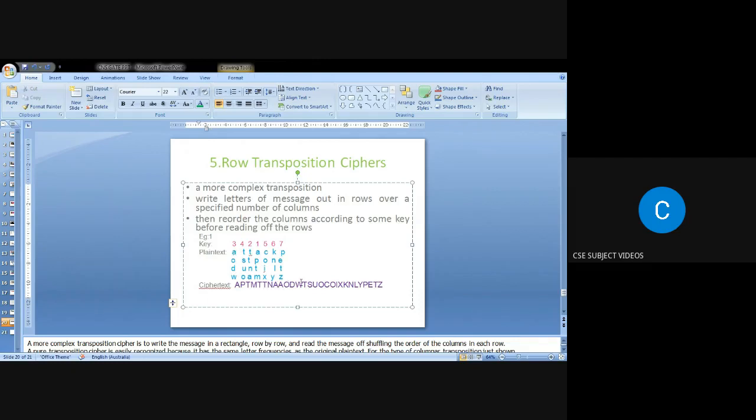Next 4: TSUO. Next the column with number 5: COIX. Next columns 6 and 7: KNLY, then PETZ. This is now the ciphertext.